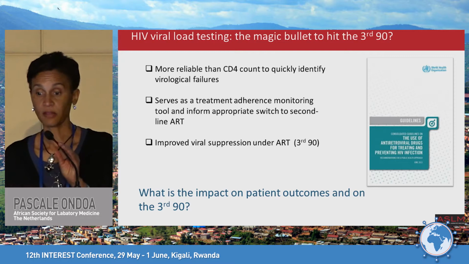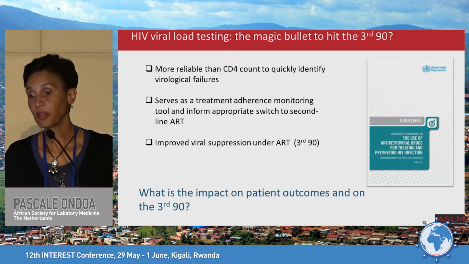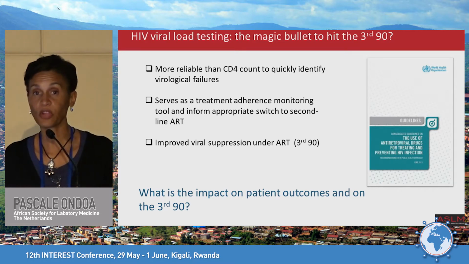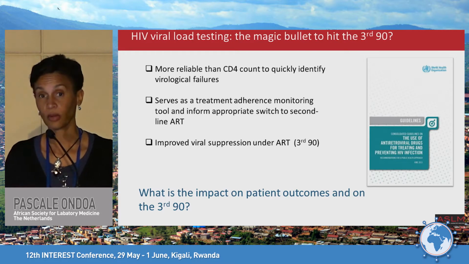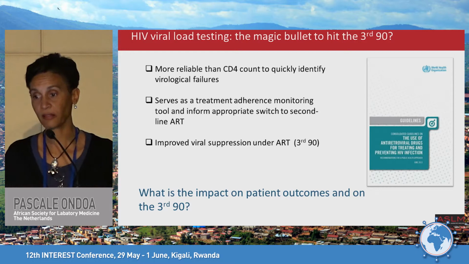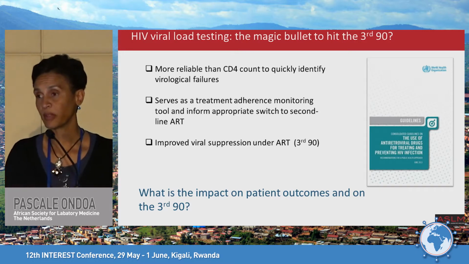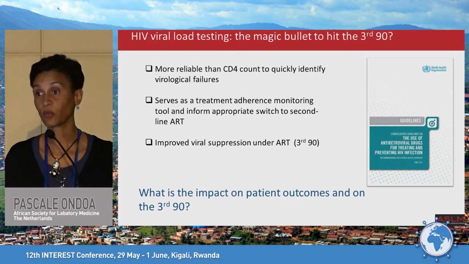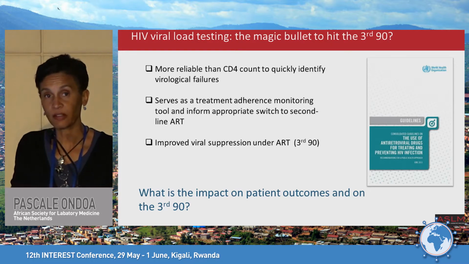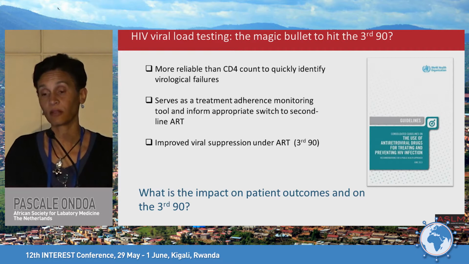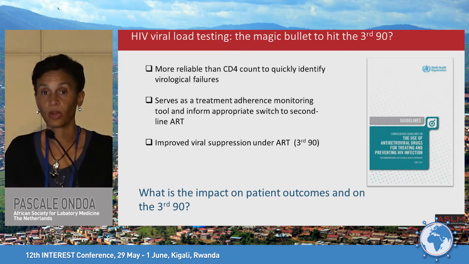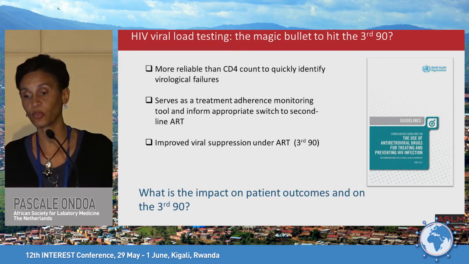So in theory, it could improve the viral suppression of all those patients under therapy and then facilitate the achievement of the third 90. And a few years ago, in 2013, the WHO released a consolidated guidance for antiretroviral therapy, and that viral load should be the preferred tool to monitor response to the treatment.